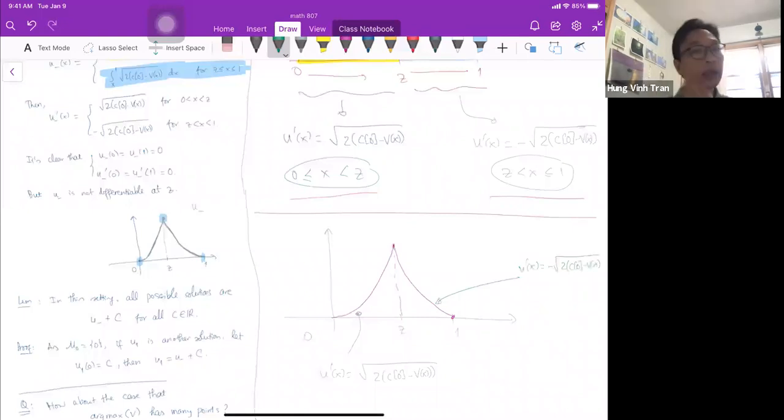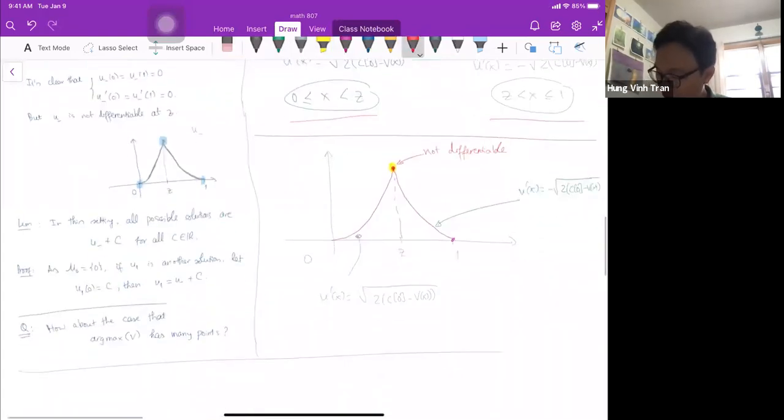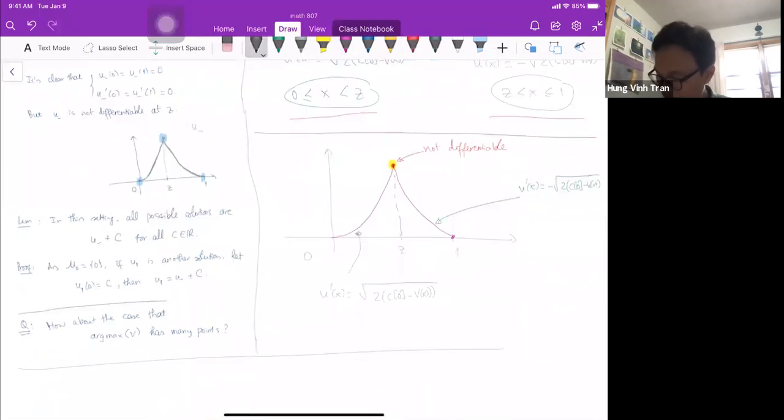Okay, so clearly you see that the maximum value of u, which is the point I'm highlighting here, is not differentiable, right? Because you can write down u prime of z minus equals root of 2 times c naught minus v of z.